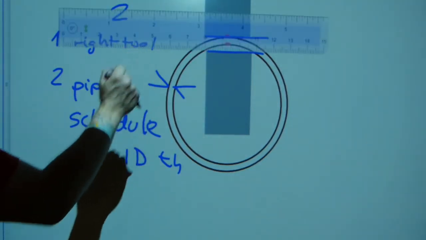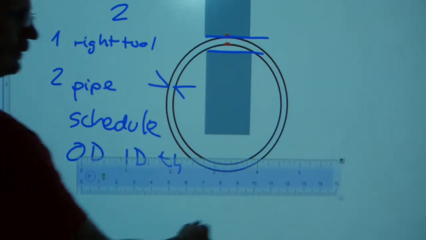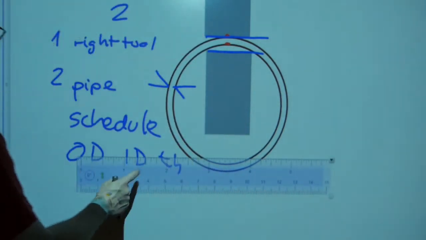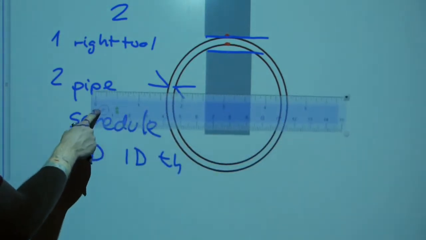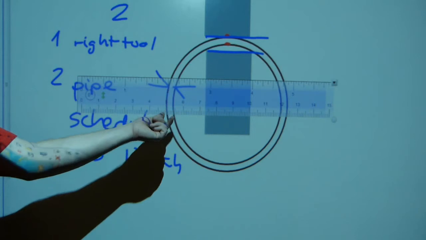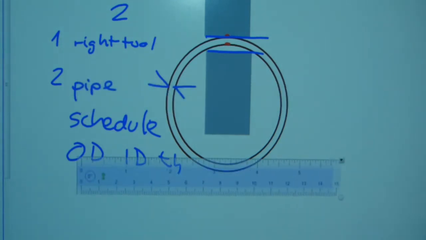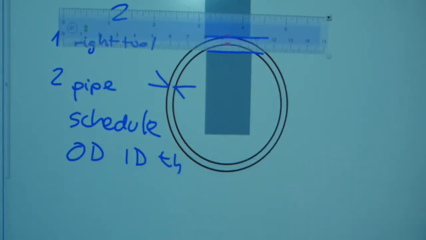Just a plain ruler, just like that, and rotate it or place it as it is needed and read off your millimeters. It might work better than trying to measure with a caliper. So that's geometric situation number one.